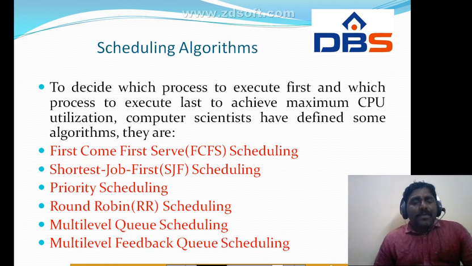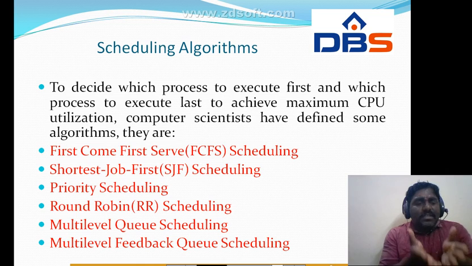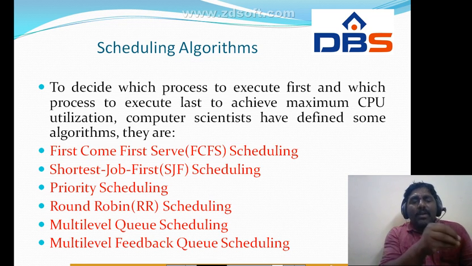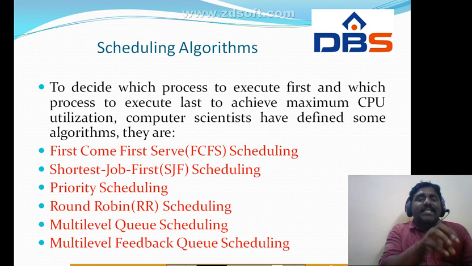Based on these 4 algorithms, we decide which process to execute first and which process to execute last. There are so many processes in the ready state. For example, if 4 processes P1, P2, P3, P4 are in the ready queue, which process is executed first and which one is executed last?